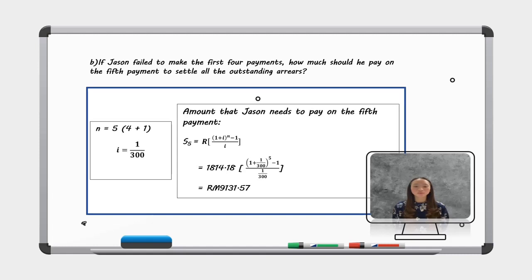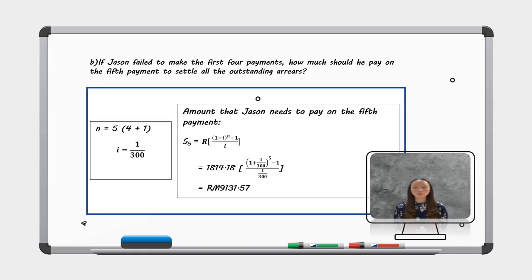To solve this question, we need to use formula S5. 5 refers to our n. S5 equals R, open bracket, open another bracket, 1 plus I, close the bracket, power n, minus 1, over I, close the bracket.